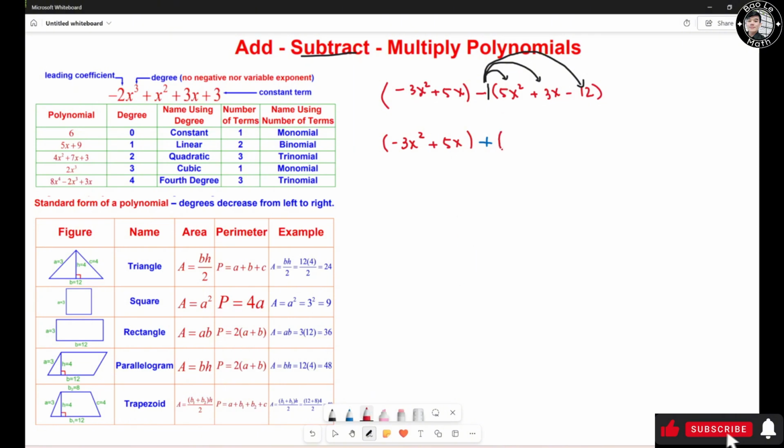So negative 1 times 5s squared is going to be negative 5s squared. Negative 1 times 3s is going to be negative 3s. Negative 1 times negative 12 is going to be plus 12. Alright. Now again, you can use the triangle trick right here.